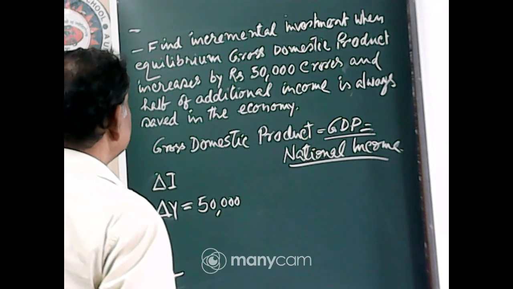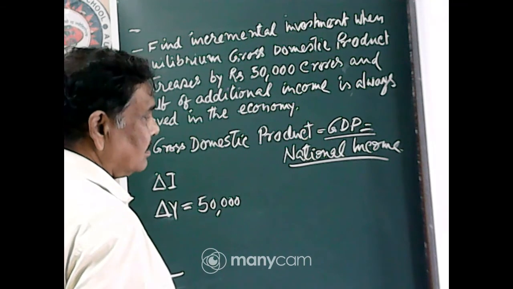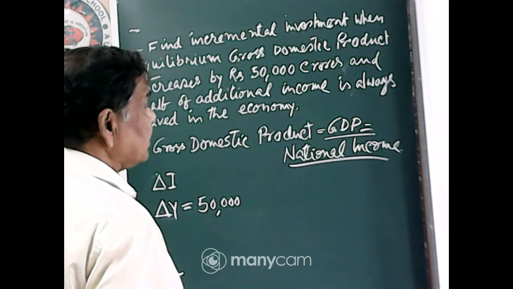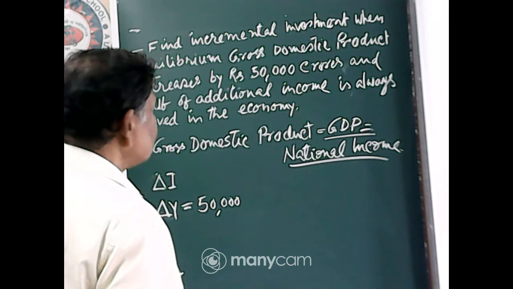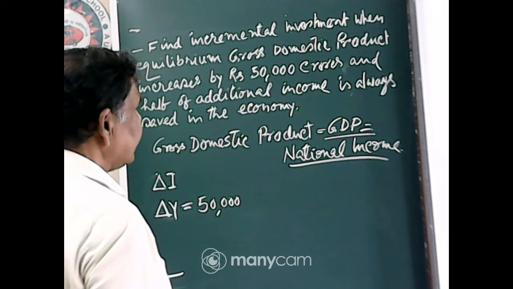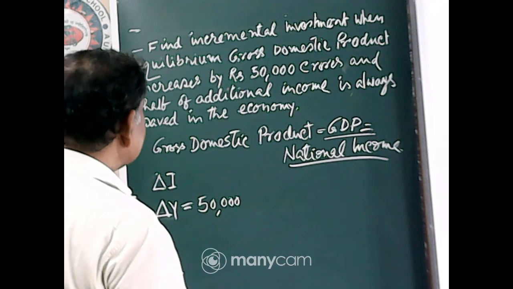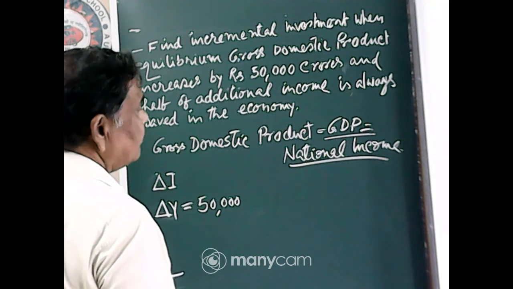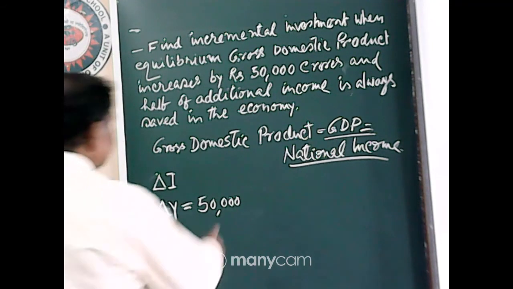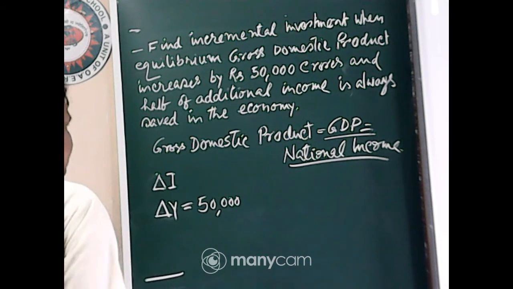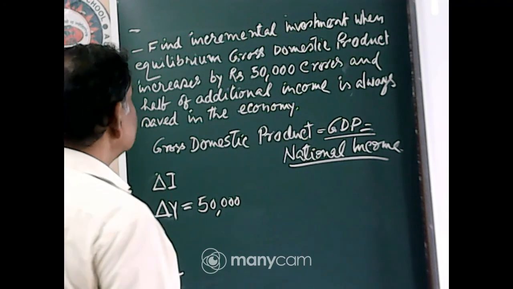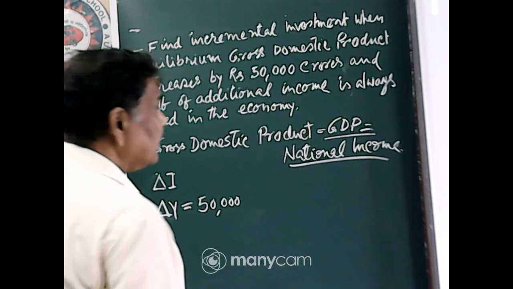When gross domestic product increases by, why are you not taking only Y? Why are you taking delta Y? So gross domestic product, GDP, means national income. So increased GDP means increased Y, that is national income, is rupees 50,000 crore. And half of the additional income is always saved in the economy.